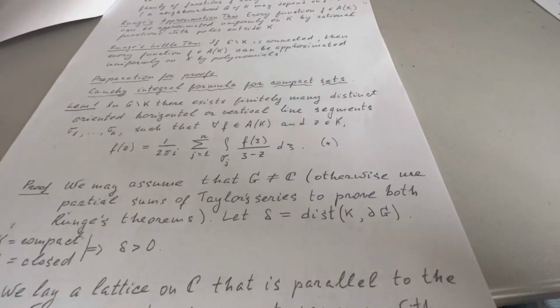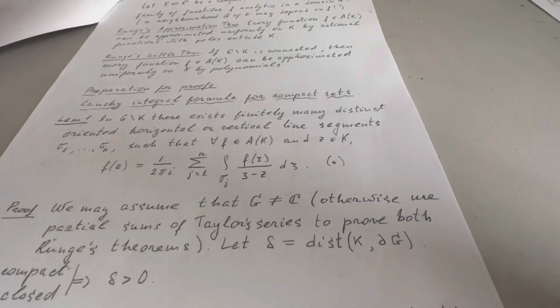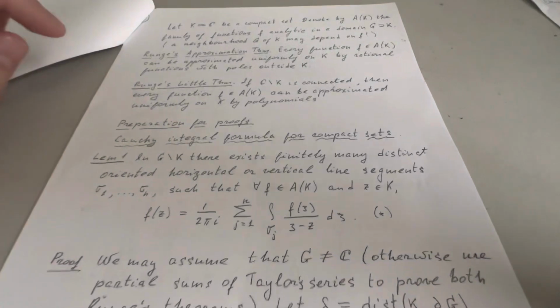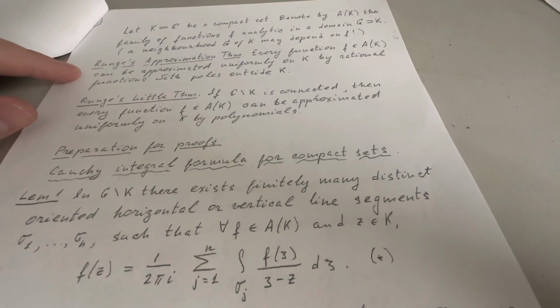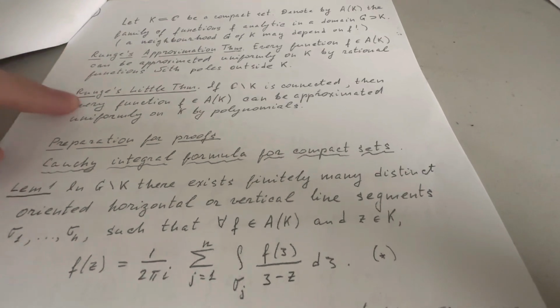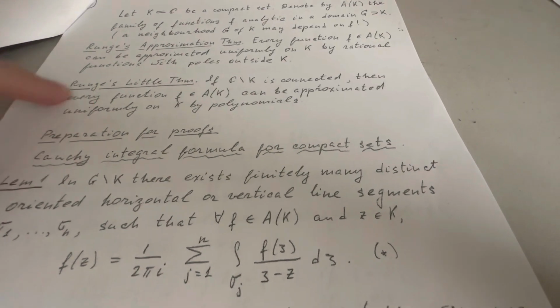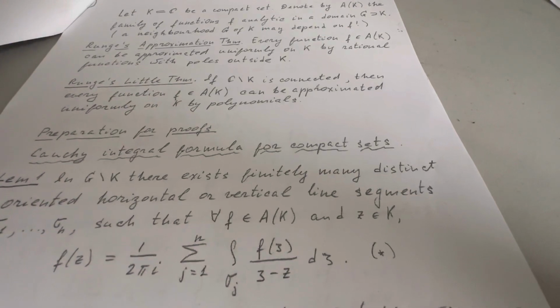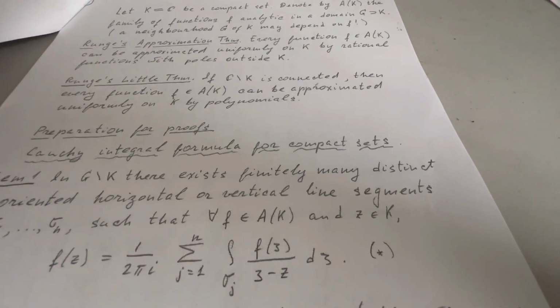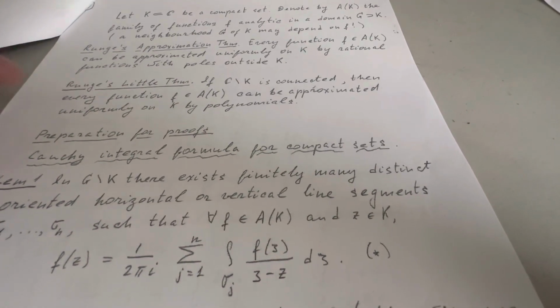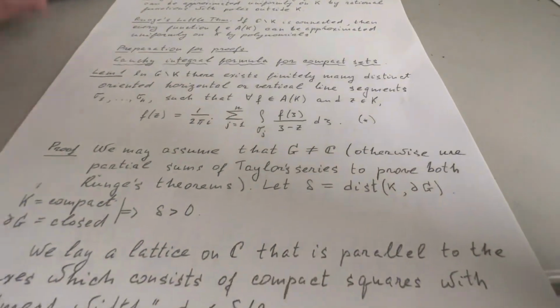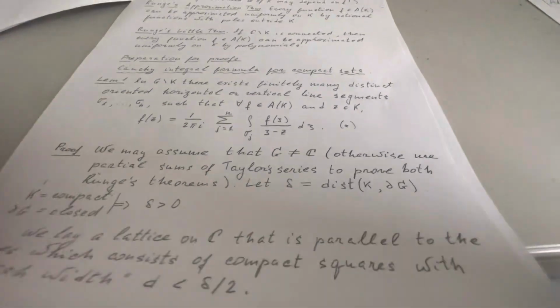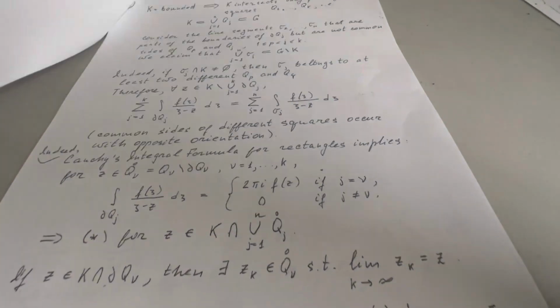For the most part, it's pretty similar, but there are some fundamental differences. For one, he splits it up: he calls it Runge's approximation theorem, but he also has Runge's little theorem, which is what my instructor had written. And then he prepares for the proof, so he needs Cauchy's formula, so he matches him there.